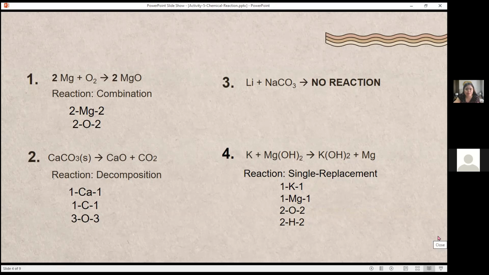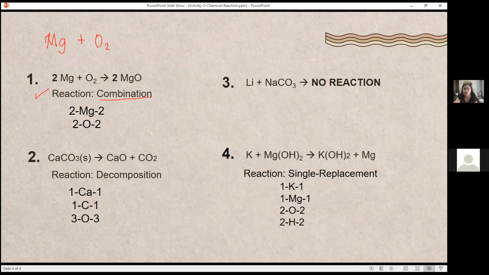Okay, next. Before moving on, let's check one by one if the answers are correct. For number 1, the given is Mg plus oxygen. You will know, class, that this is a combination. This is correct, a combination reaction, because you have one element and another element.